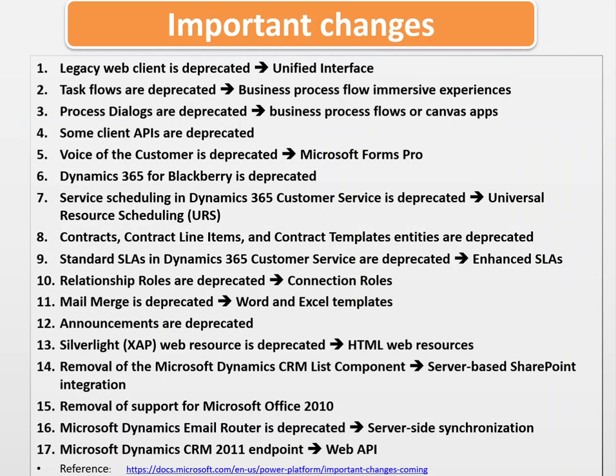Voice of the customer has been deprecated and replaced with Microsoft Forms Pro. Dynamics 365 for BlackBerry is deprecated. Service calendar is not available anymore and is replaced with universal resource scheduling. All the entities related to contract line items and templates will also not be available anymore.